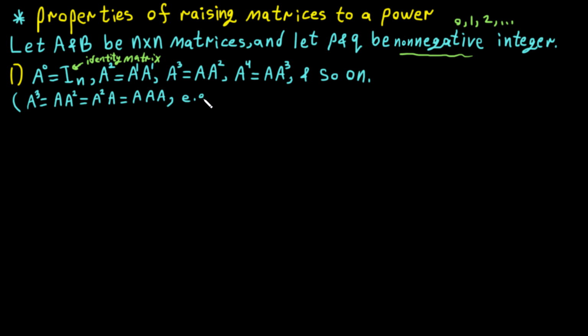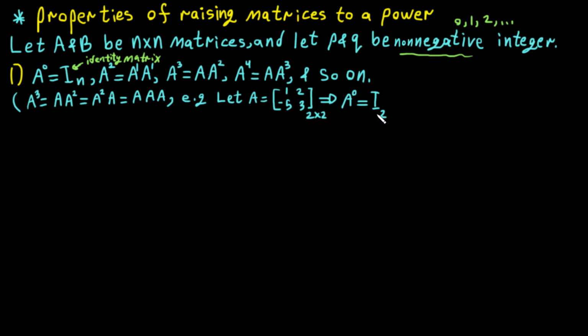So for example, let A equal 1, 2, minus 5, 3. Then A^0: since this matrix is a 2 by 2 matrix, we have to write I_2, an identity matrix of the same size as this matrix.